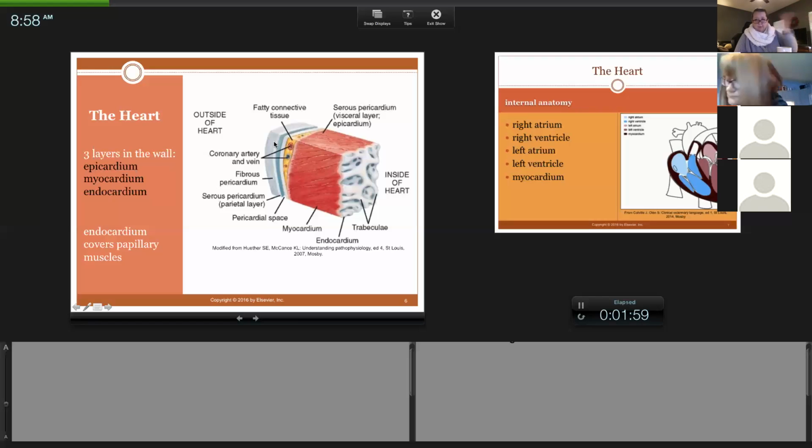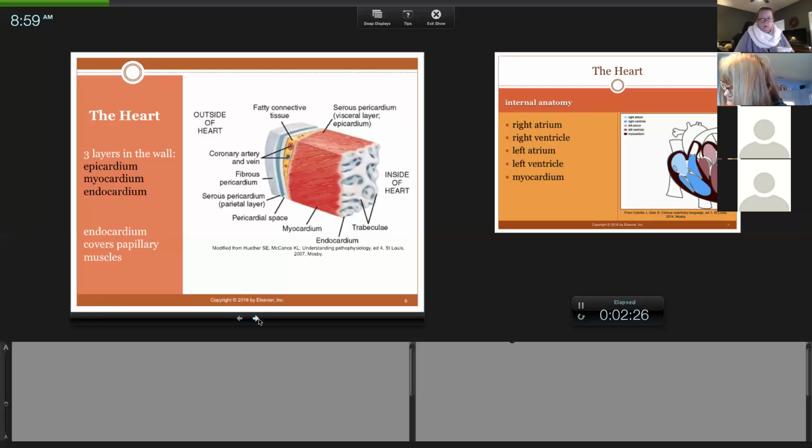So going outside in: pericardium, capsule, a space, epicardium, myocardium, endocardium. And the papillary muscles are on the inside. There are little muscles inside called the papillary muscles. But if I'm talking about heart muscle, I am talking about the myocardium.